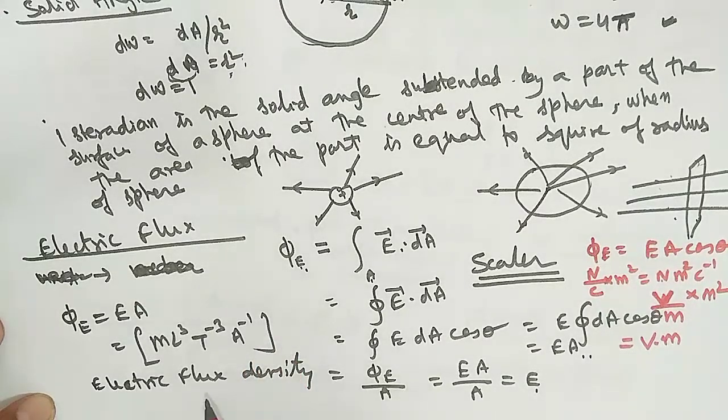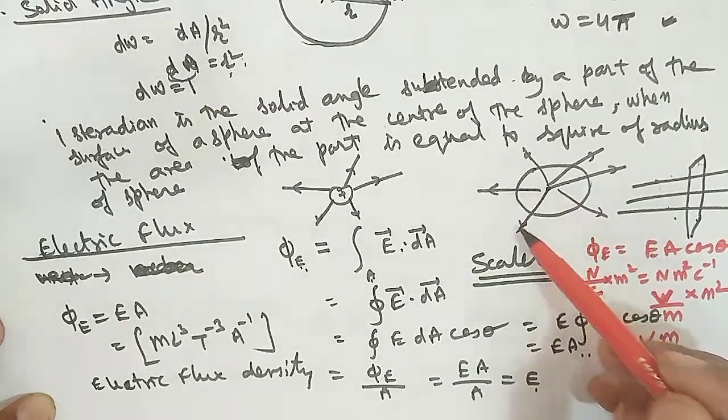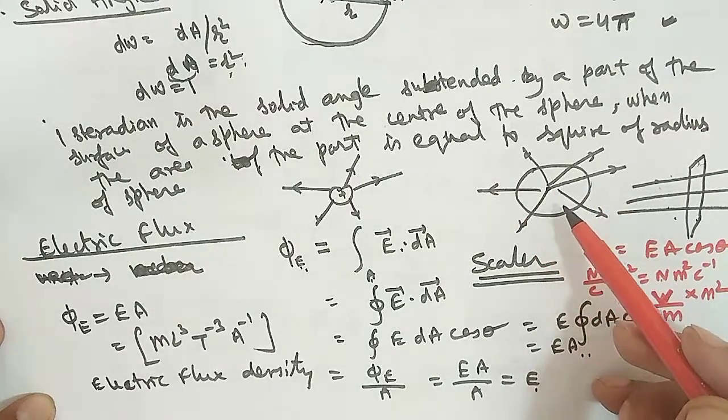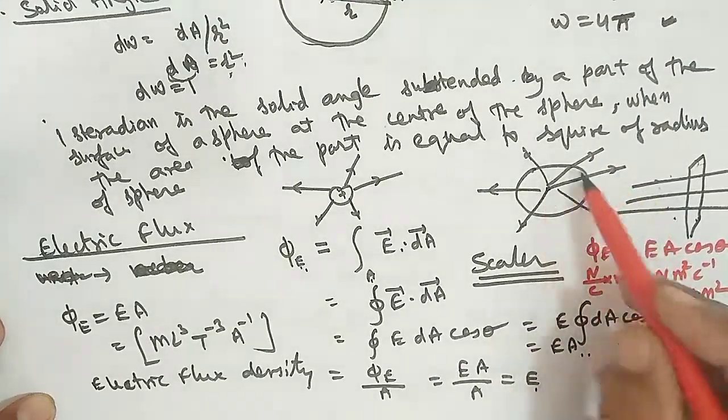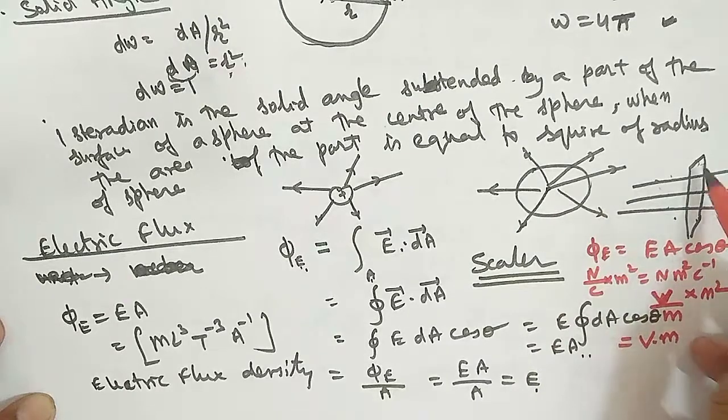See, one more physical quantity which you should know related to the electric flux is the electric flux density. In mechanics, you know, density means mass upon volume for any solid. But in the case of Gauss theorem, the lines pass through a surface, so it is related to the surface.